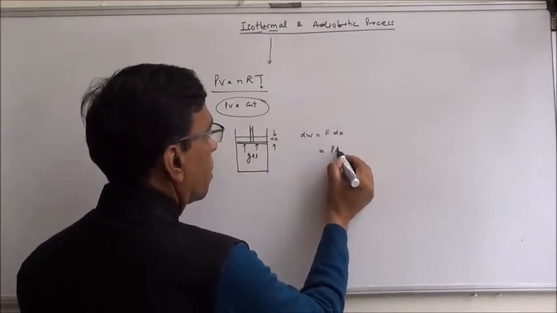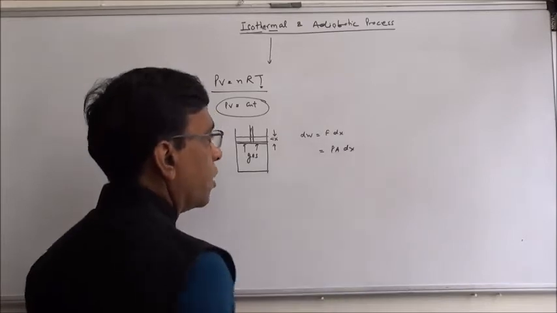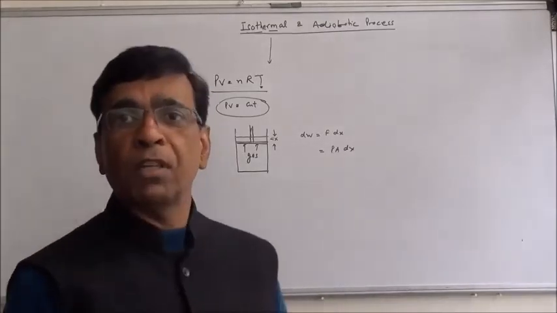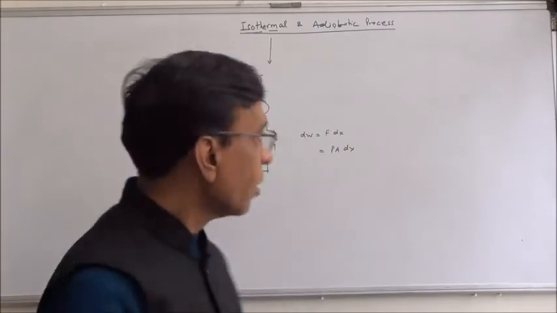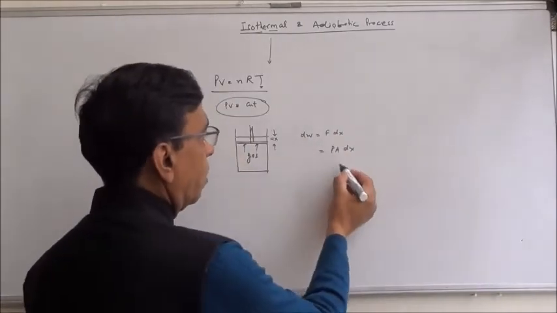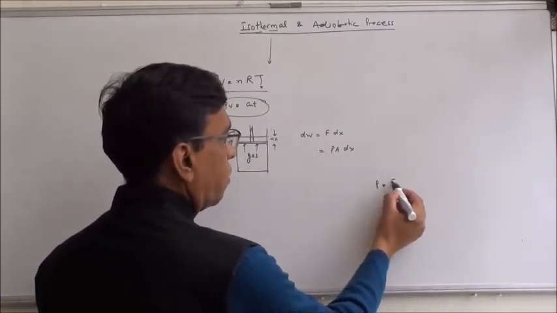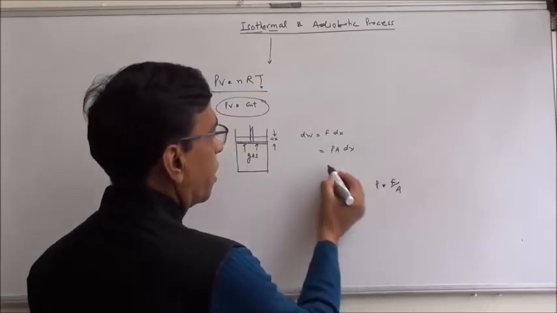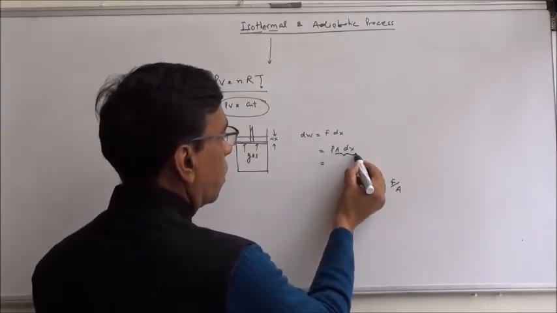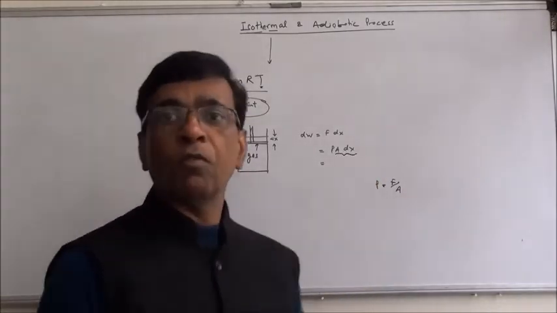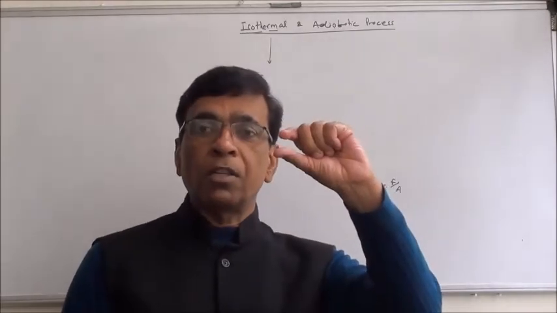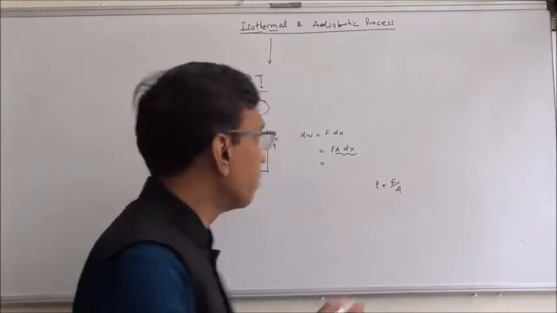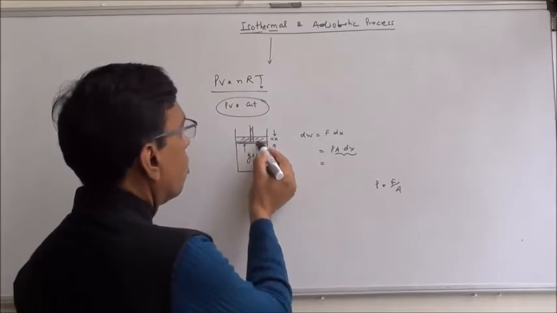Force can be written as pressure into area, because we want the expression in terms of thermodynamic coordinates. So we can write pressure as force per unit area. The force will be pressure into area. And what this quantity is? Area of cross section multiplied by the distance through which the piston has moved up. So it is actually this volume.